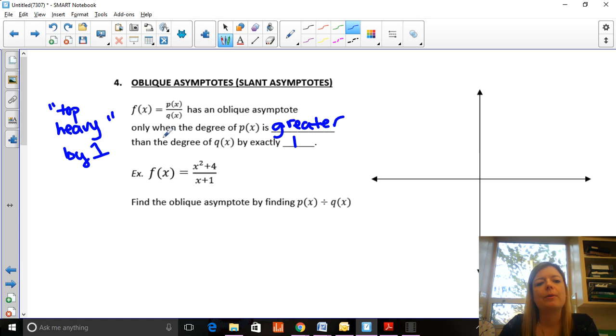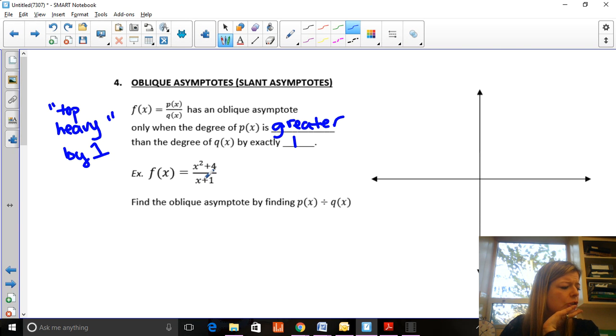This should make sense, because if you have a quadratic divided by a linear, then what you would have left as a remainder would be a linear, and that's why you get a linear asymptote. So an oblique asymptote is just a line that is an asymptote, but it's not vertical or horizontal; it's on a slant.